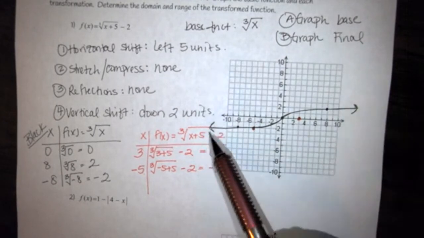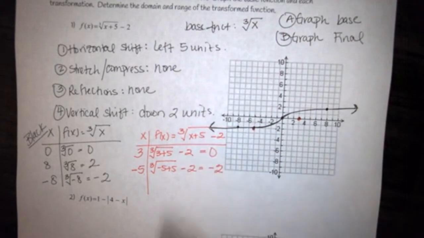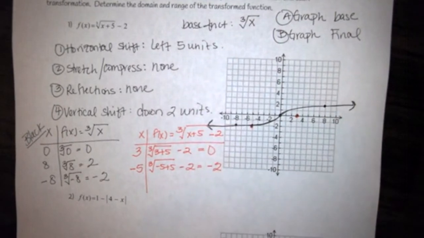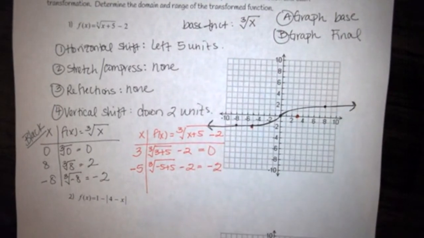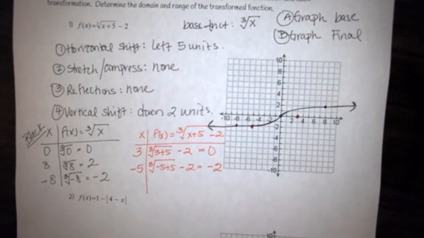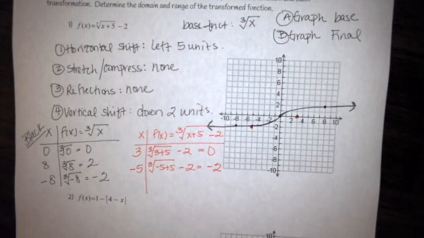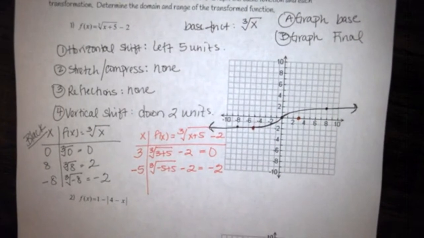I need to know another value that I can get here. You could start using any points you want. You just have to remember that you may be graphing fractions, so you have to be careful. Some of this has to do with knowing your cubes. We know that 2 cubed is 8 and 3 cubed is 27.